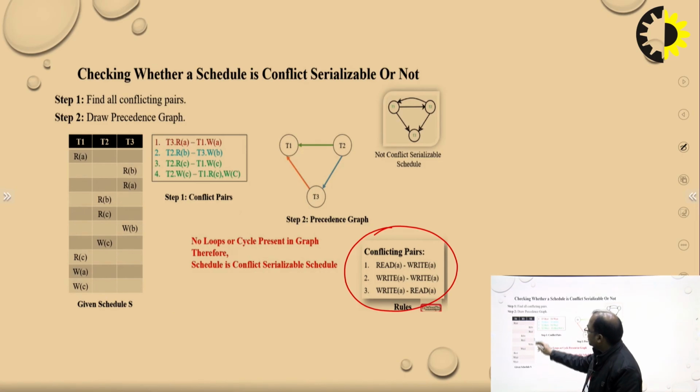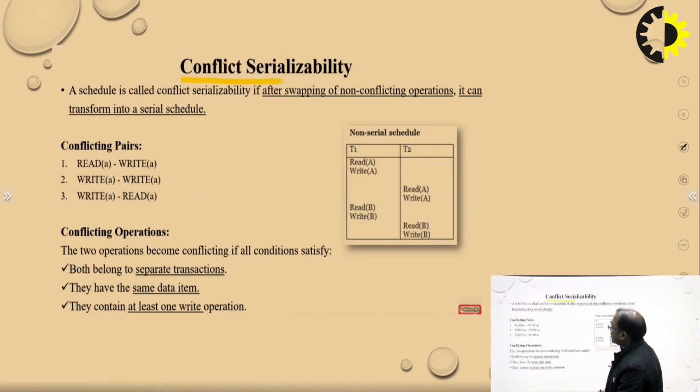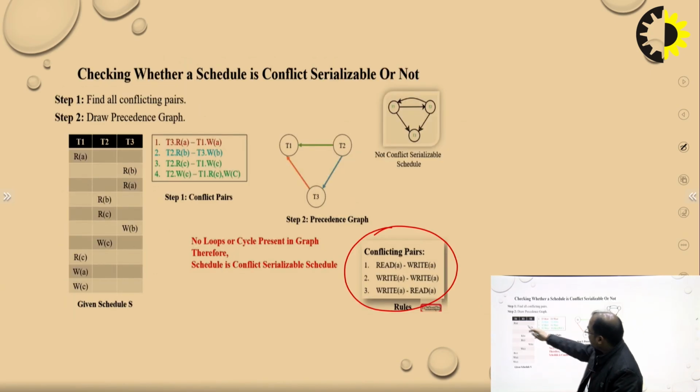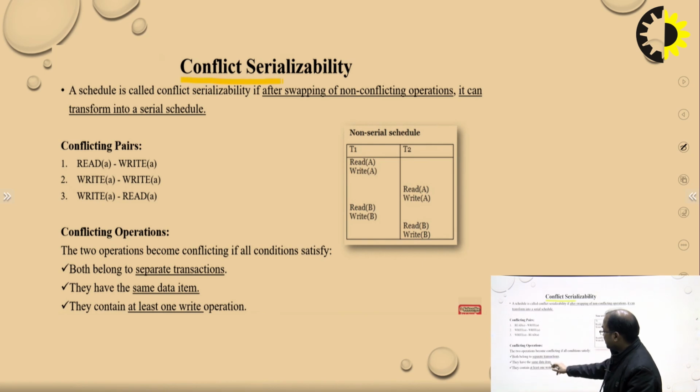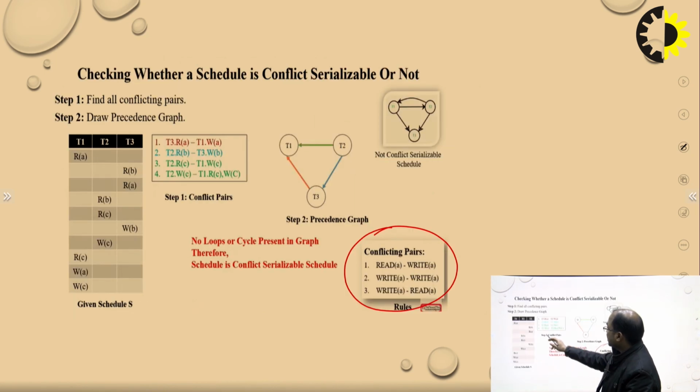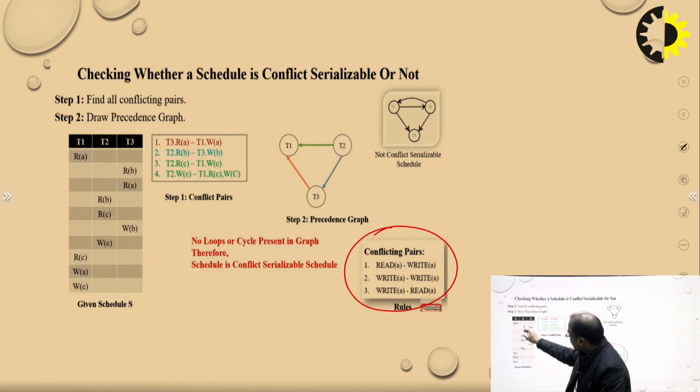No, so there is no conflicting pair. The conditions: they belong to separate transactions, so the write must be from T2 or T3 only, and they have the same data item, A only. There is no write of A, so this is not a conflicting pair.